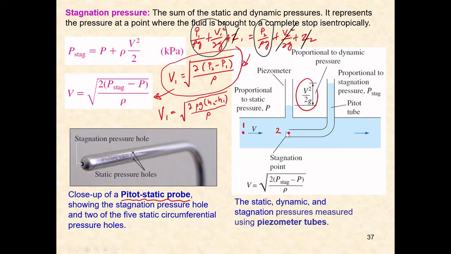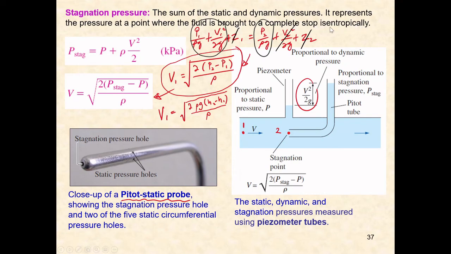Now we look at this stagnation pressure, the sum of static and dynamic pressure. You have a static pressure and a dynamic pressure, and both of them sum up to give you the stagnation pressure. It represents the pressure at the point where the fluid is brought to a complete stop isentropically.